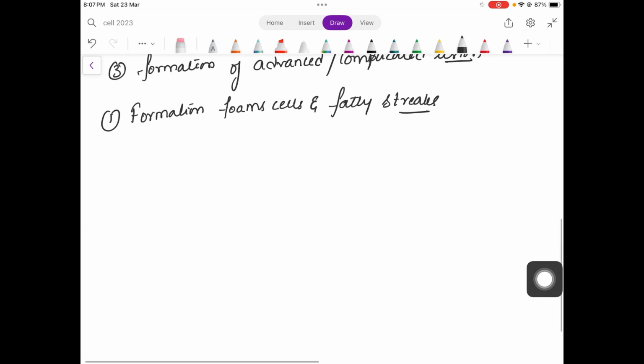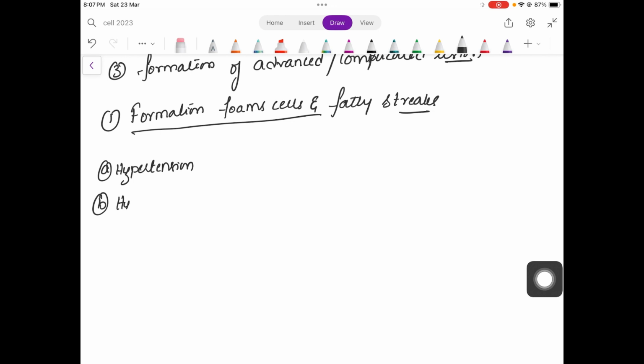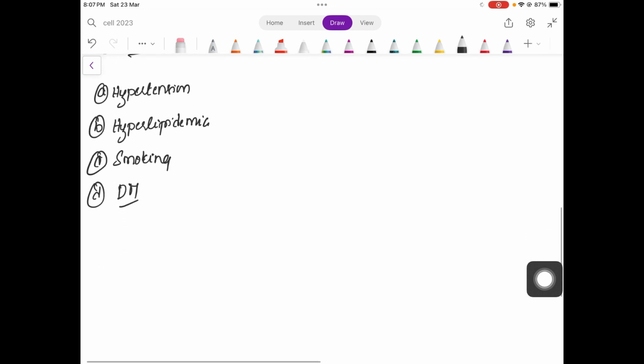The risk factors for formation of atherosclerosis are: one is hypertension, second one is hyperlipidemia, third one is smoking, and one more is diabetes mellitus.